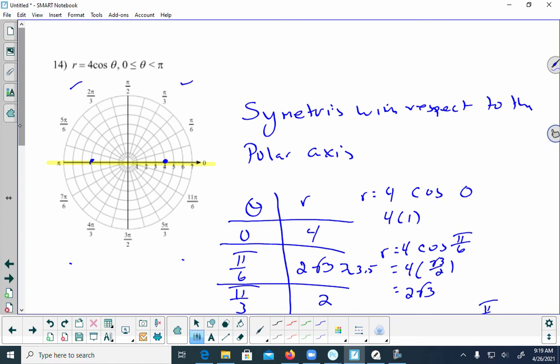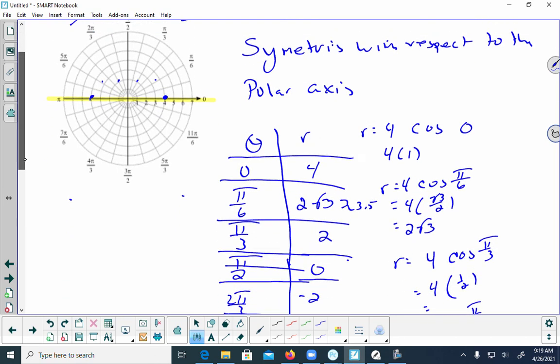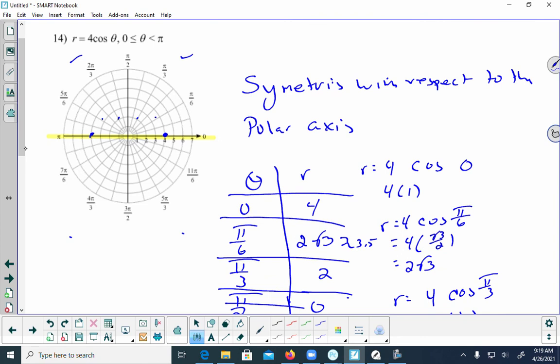So pi over 6, 3.5. And mirroring that. And then I'm going to do pi over 3, 2. Mirroring it. And then I'm going to do pi over 2, 0.